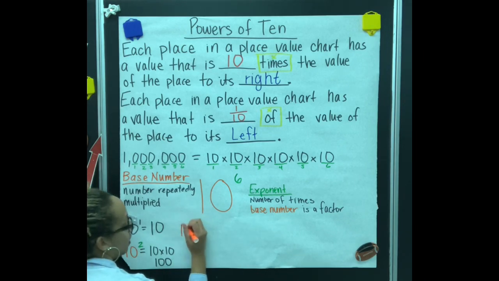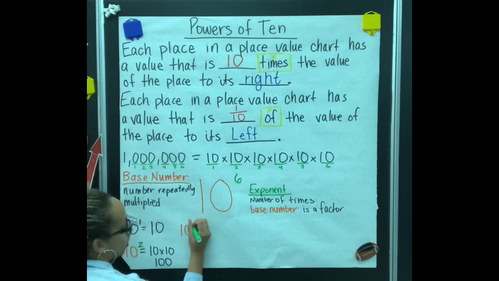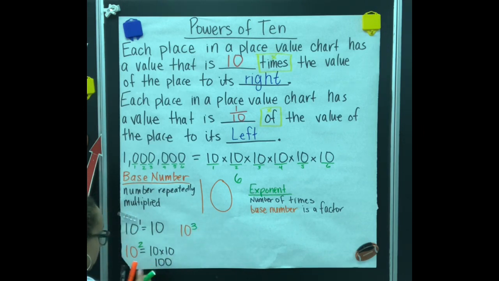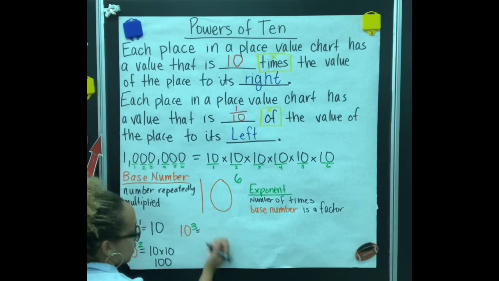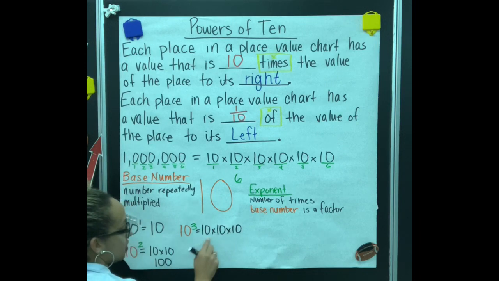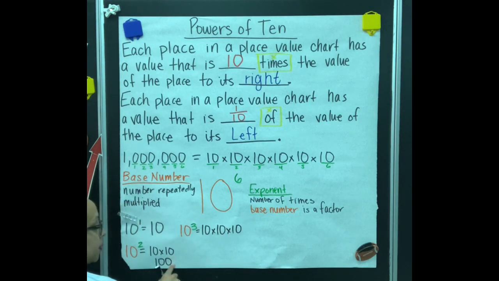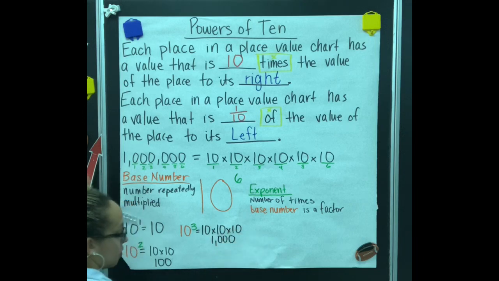We have 10 to the third. We don't multiply. So what we do is we take 10 times 10 times 10. 10 times 10 is 100, multiplied by 10 is 1,000.